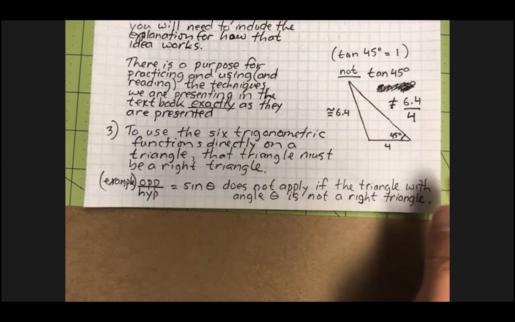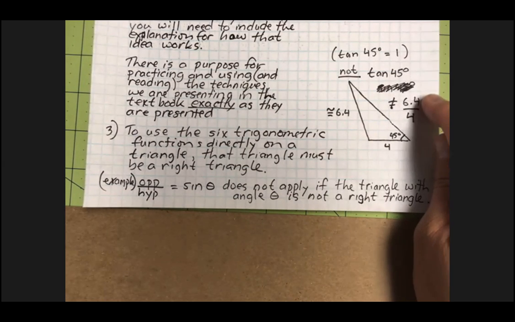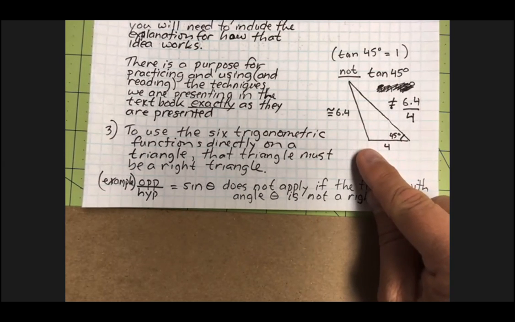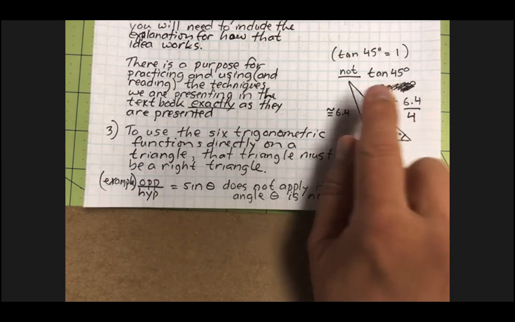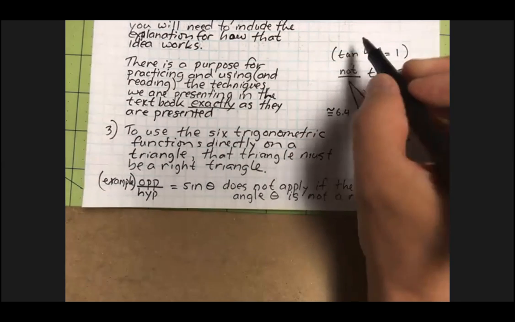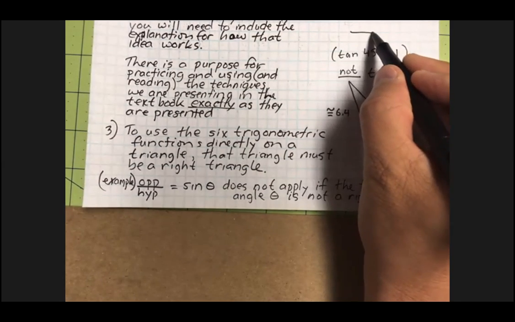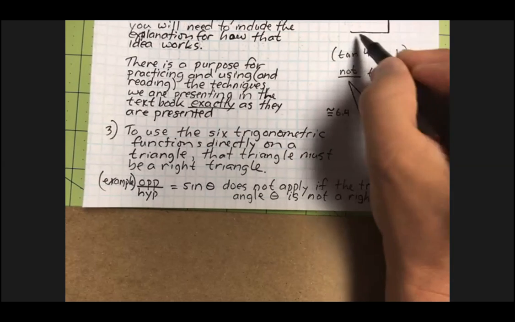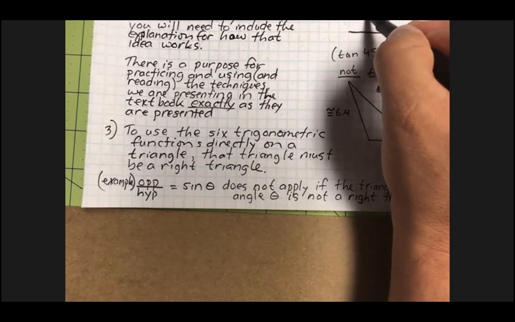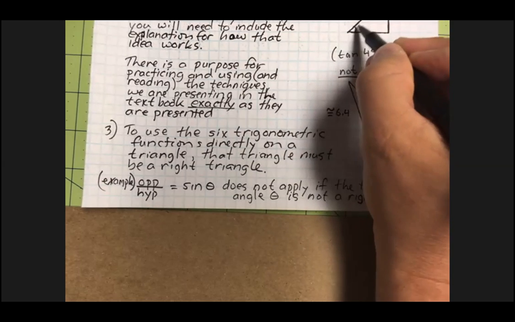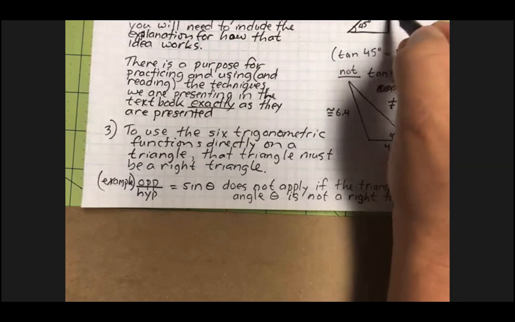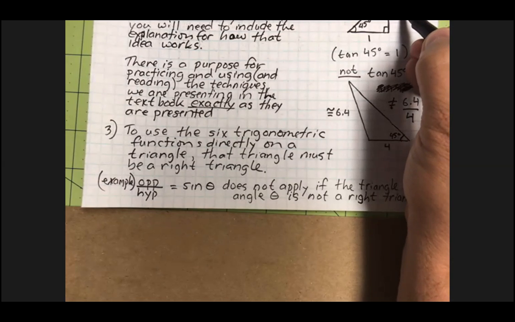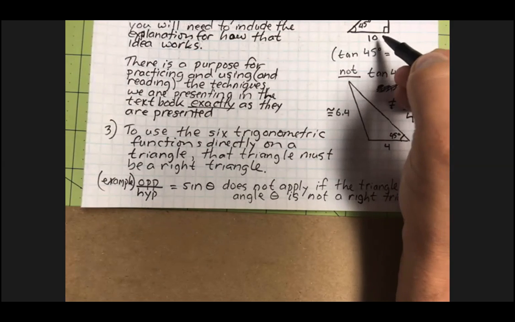Now, there's no way you can say the tangent of 45 degrees is opposite over adjacent here, because this is not a right triangle. You know the tangent of 45 degrees has to be 1, because in a right triangle that has angles of 45, 45, and 90, the two legs of that triangle have to have equal length, whether they're 1 or 10 or 2.5.